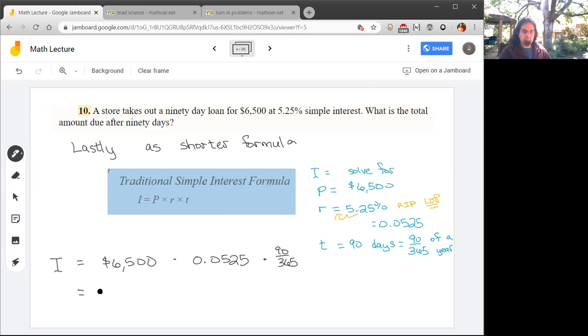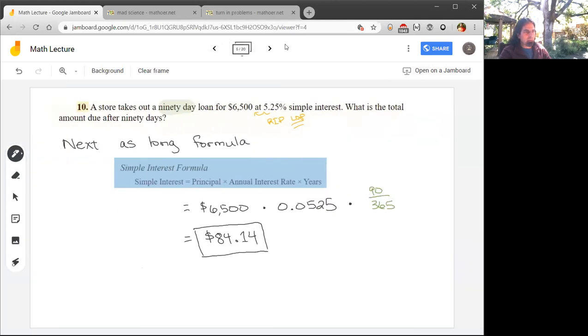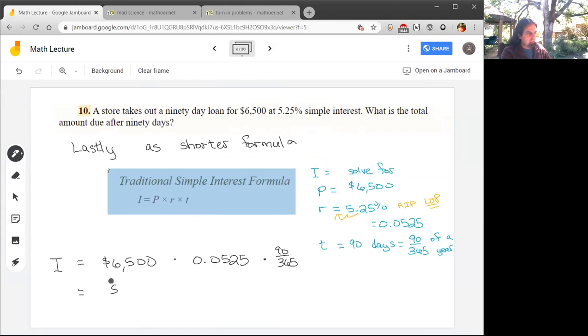And whatever that was, 84.14. So pick which one of the 3 styles you like. Maybe you have to do a little bit of homework practice to see which one is really best for you.